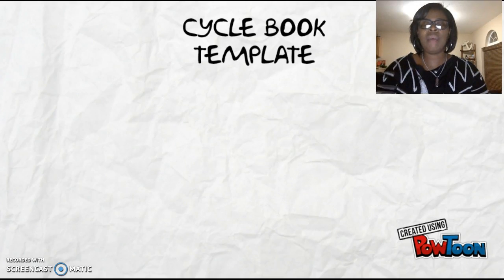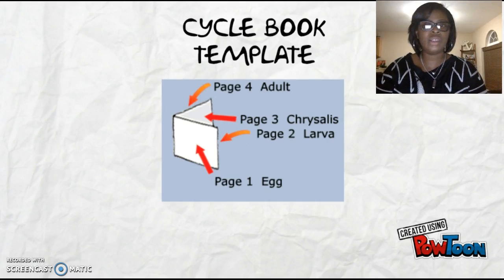And then with each of our different species or different things that we're going to be studying life cycles of, we're going to make a life cycle book. And it'll have as many pages as they need. So for whatever number of stages are in that life cycle, because everyone doesn't just have 4 stages. Some of them have several stages.